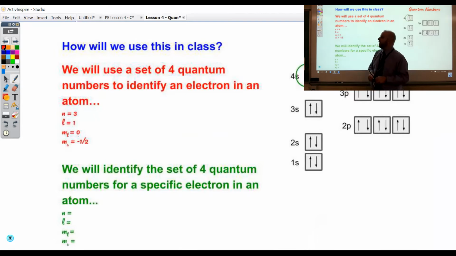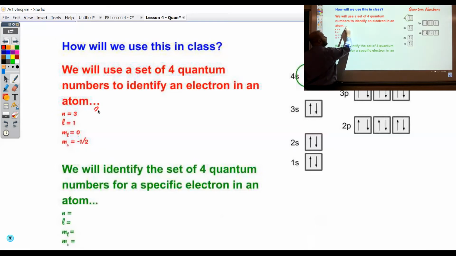So let's look at the first example. We're given a set of 4 quantum numbers, and we're asked to figure out where that electron would be in this orbital diagram. First, we have the first quantum number, which is n equals 3. So this means that we are in the 3rd energy level. Those numbers out front, again, represent energy levels.